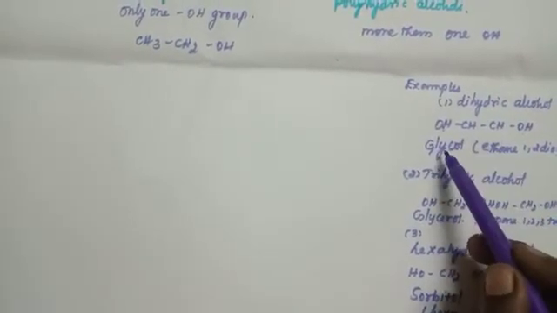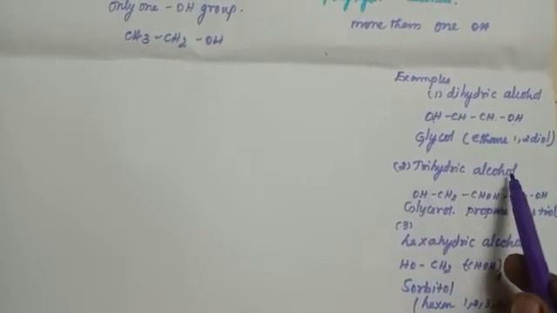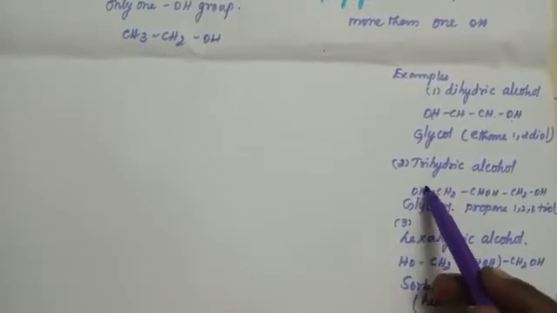Examples for polyhydric alcohols: dihydric alcohol, which contains two OH groups. Example, glycol. The IUPAC name for this compound is ethane 1,2 diol. Trihydric alcohol contains three OH groups.